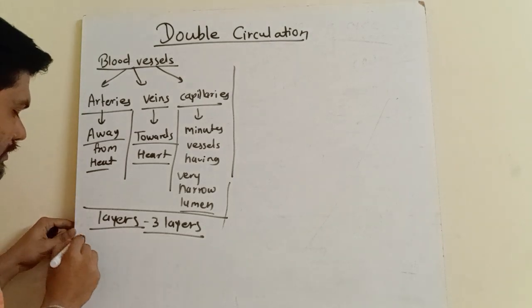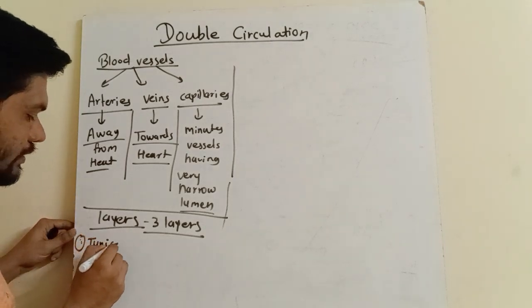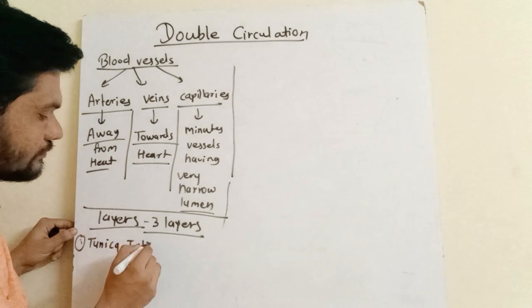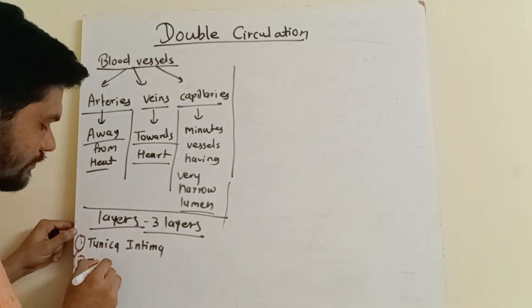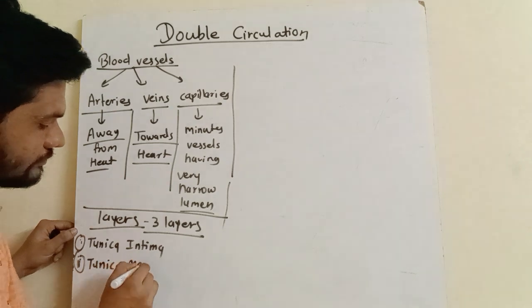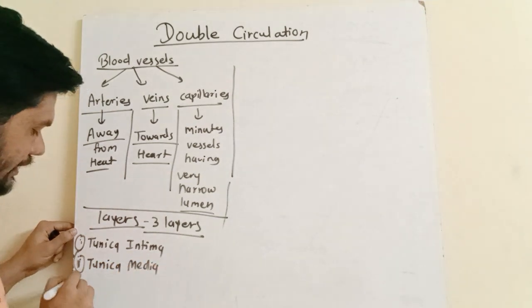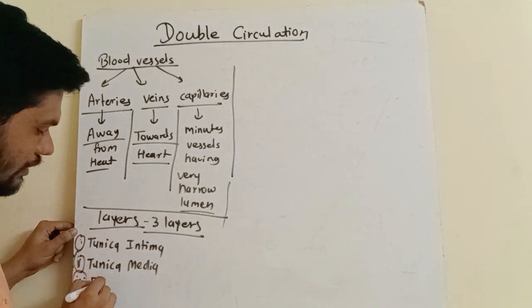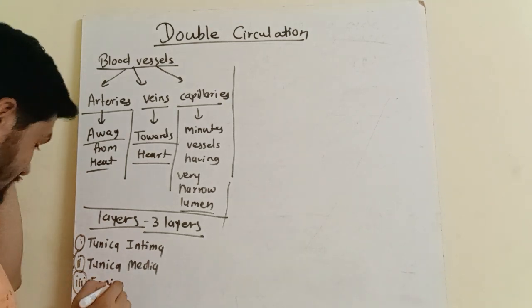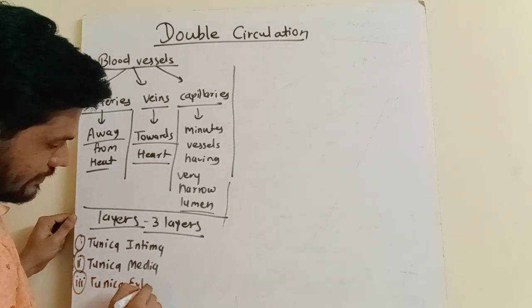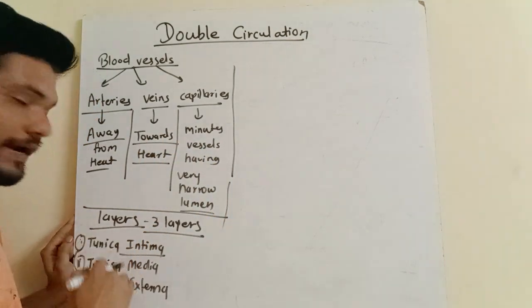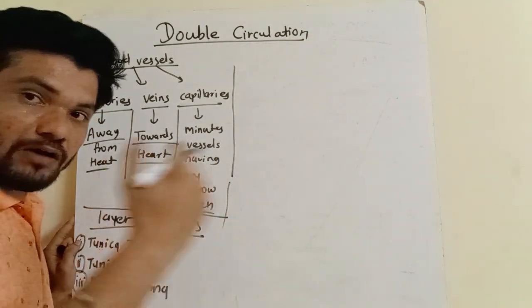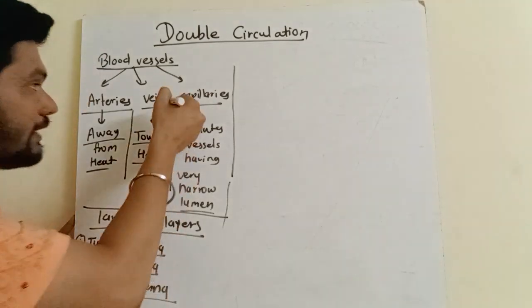First is tunica intima, second is tunica media, and third is tunica externa. Intima is the innermost layer, media the middle layer, and externa the outer layer of the blood vessel.